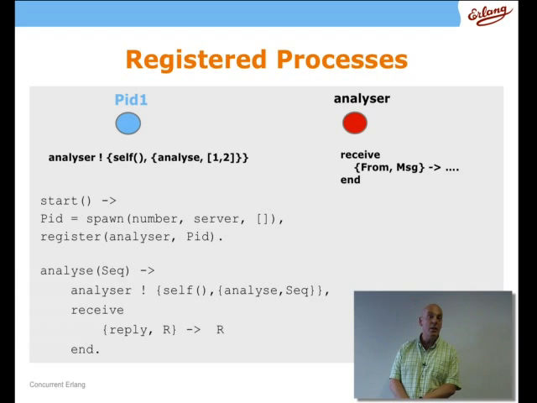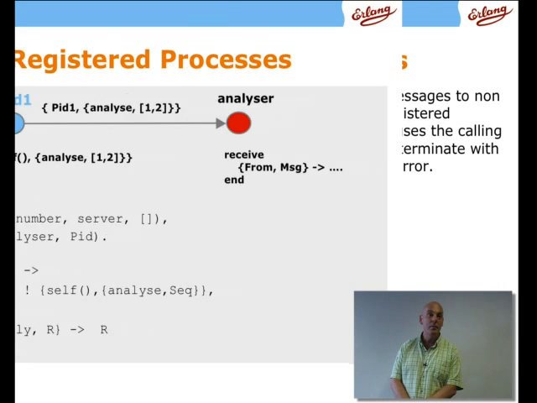But any process now can send a message to that process, whose PID was stored in a variable PID, but is now named by that name that's accessible to any other process. You see an example.